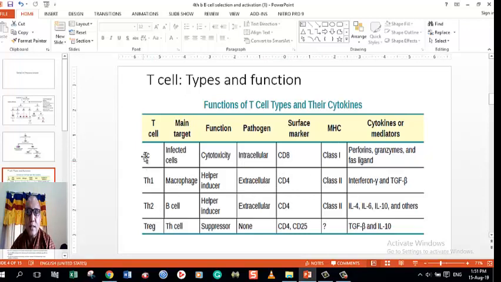So this is the difference that you have to keep in mind. Cytotoxic T cells have CD8. T helper cell 1 and T helper cell 2 have surface receptor proteins CD4. That's all about the T cells.